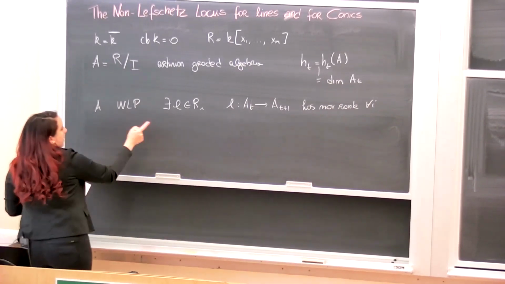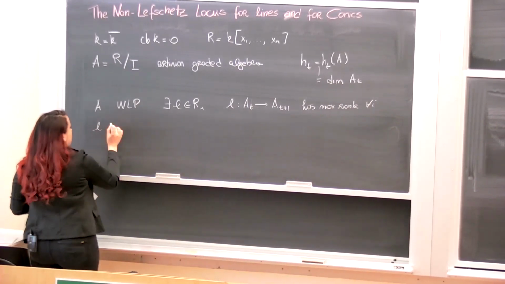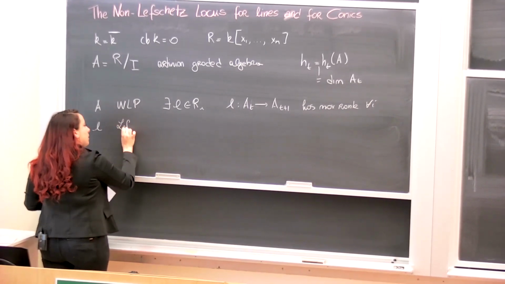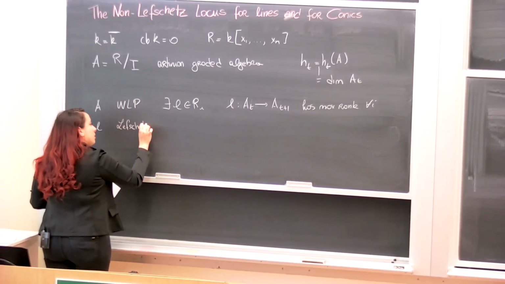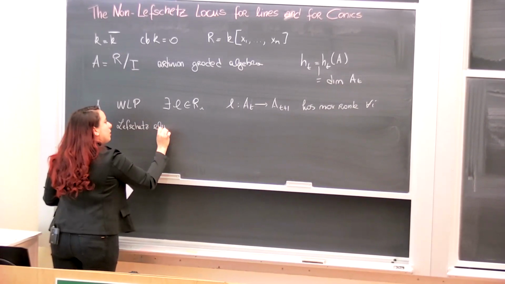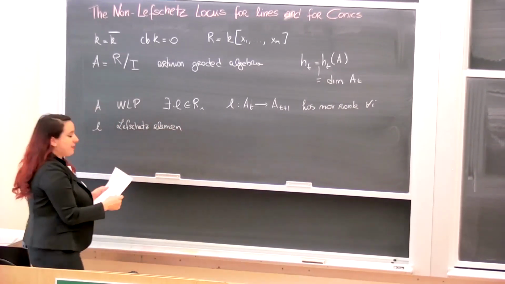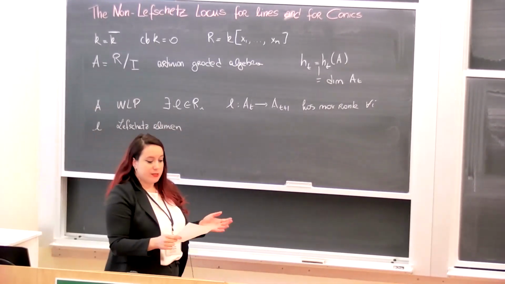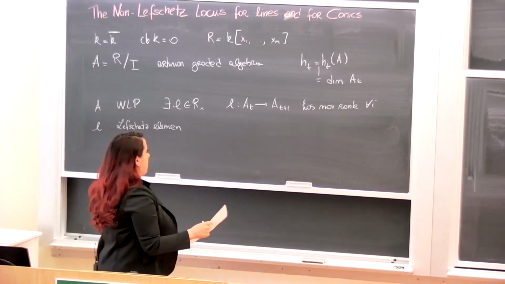An element that has this property, L, is called a Lefschetz element, and the set of Lefschetz elements is a Zariski open set in the linear forms.